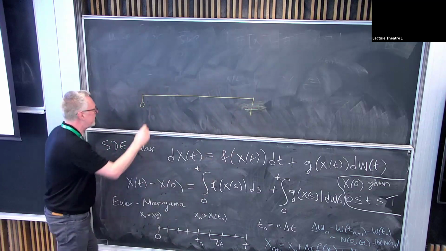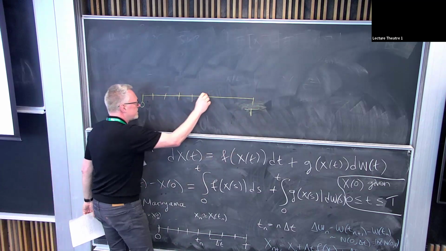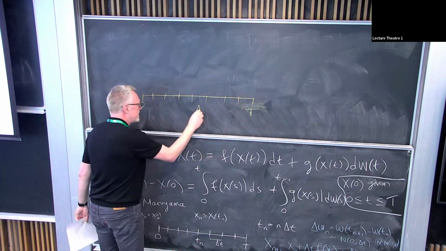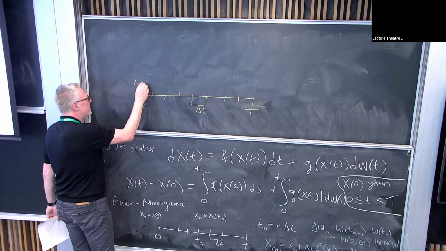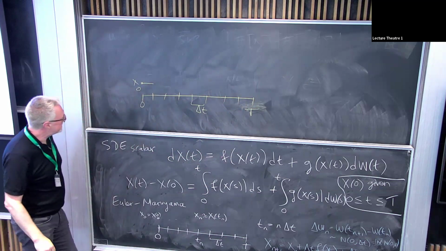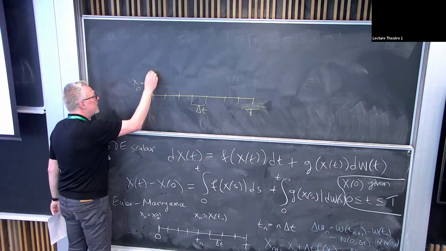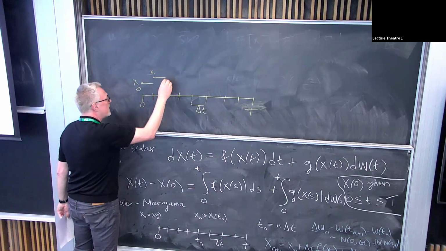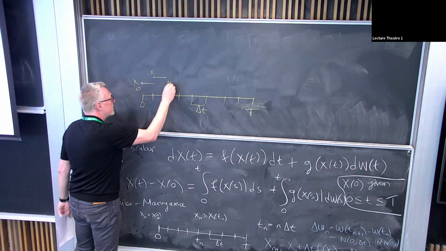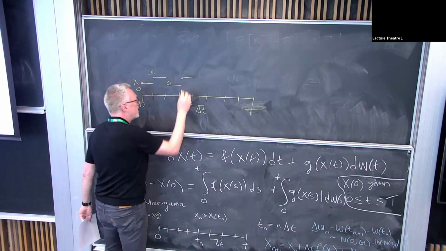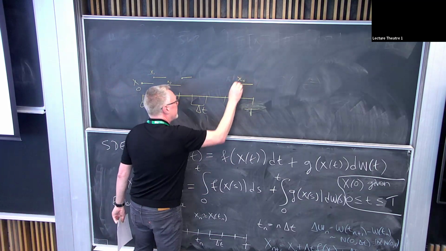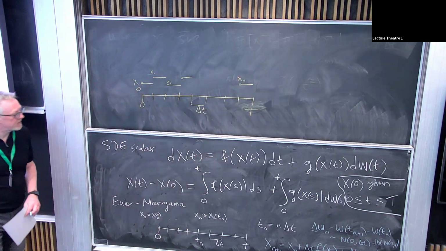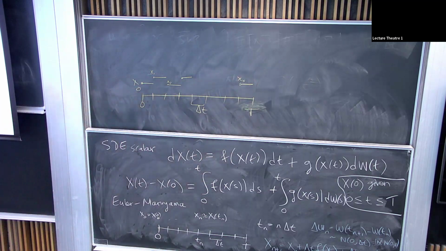We've discretized with step size delta t. Given x0, we imagine a process which stays constant and then jumps up to x1, and then changes to x2 and so on. You might call that a step process. So it's a random variable, but the random variable stays the same over each increment of time.